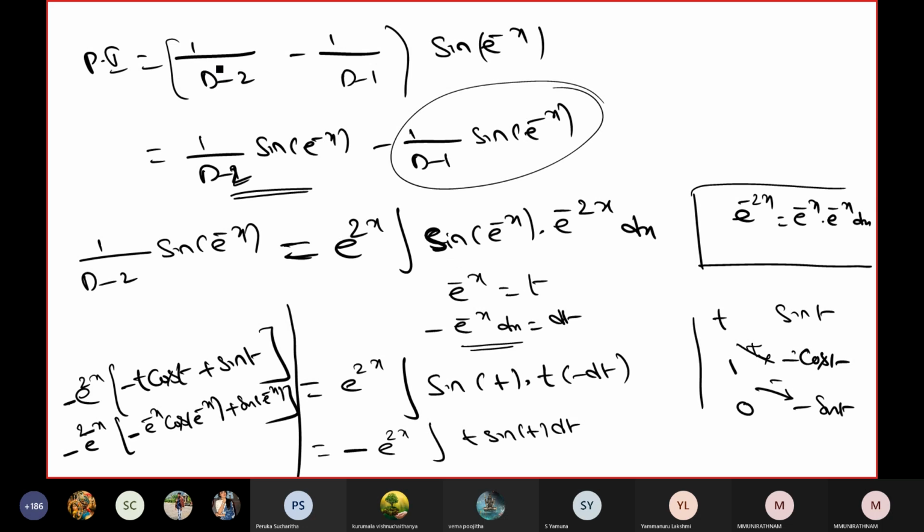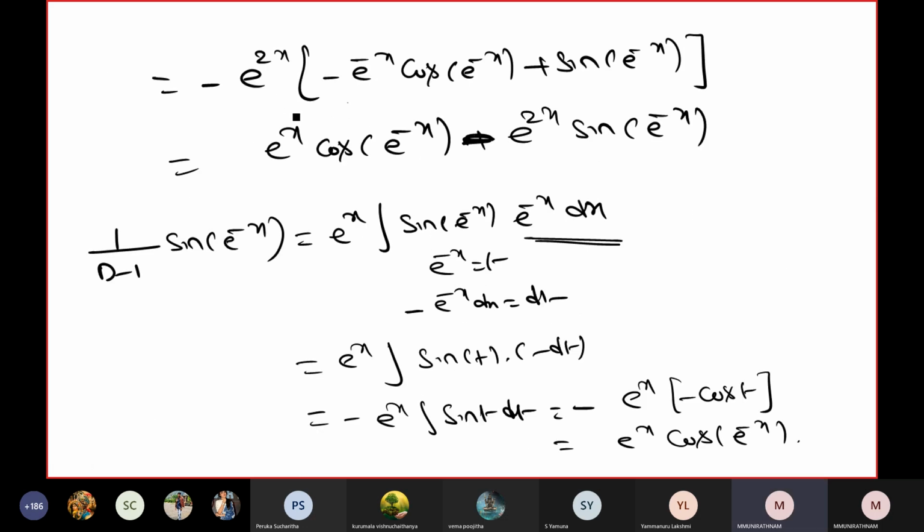So what is PI now? In place of this, I replace by the PI. What we get?